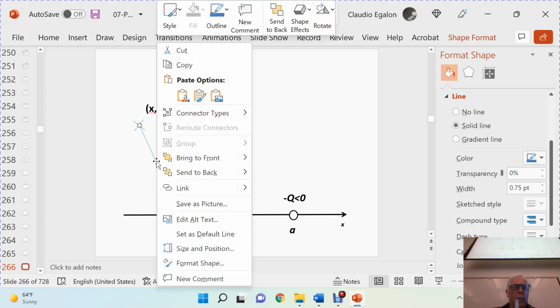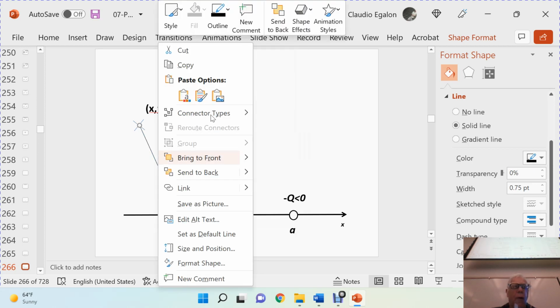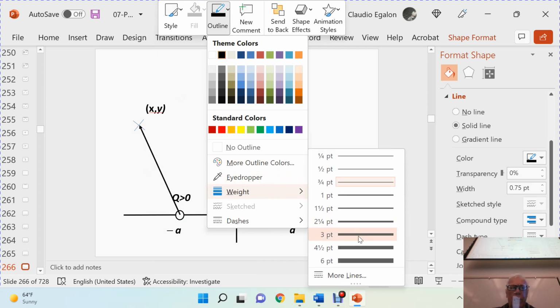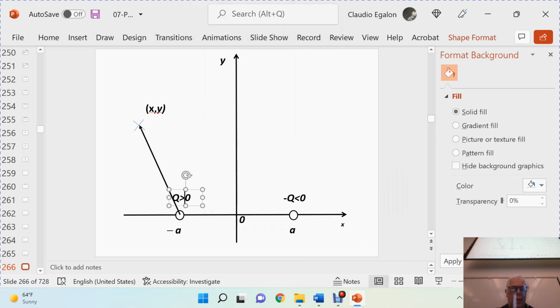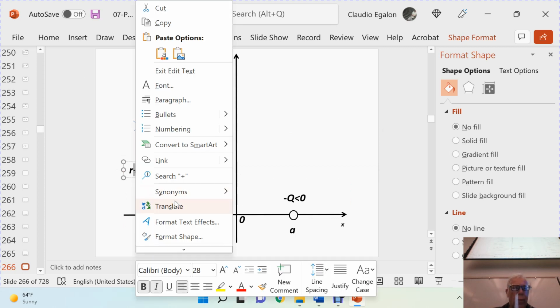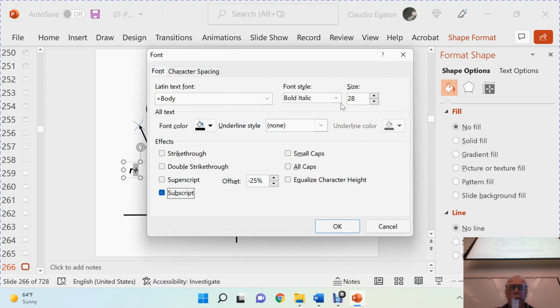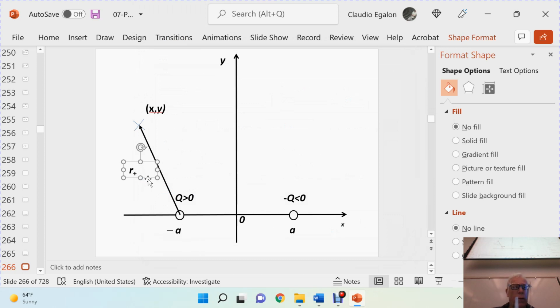And the other one here is going to be r minus.